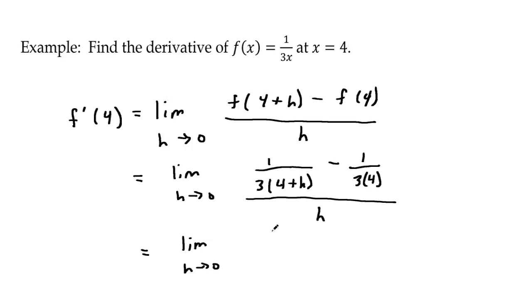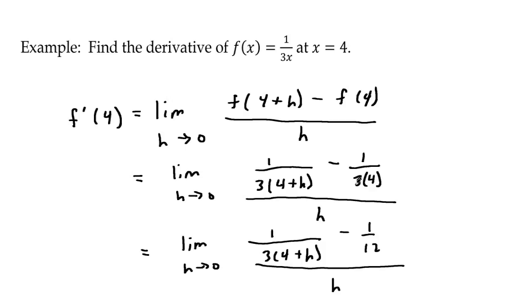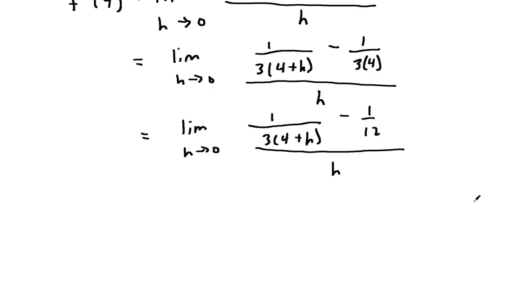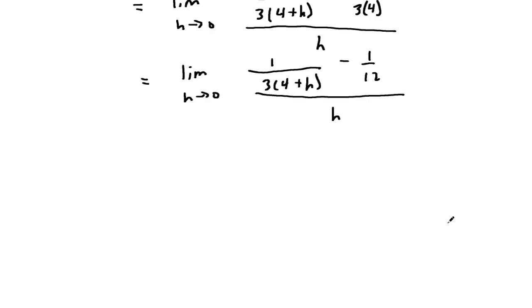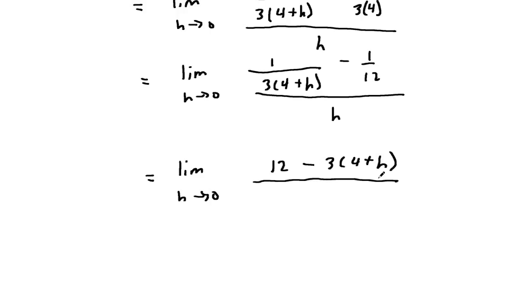Okay, now let's rewrite this here. 3 times 4 is 12. Okay, let's combine these two fractions, bringing them under a common denominator.